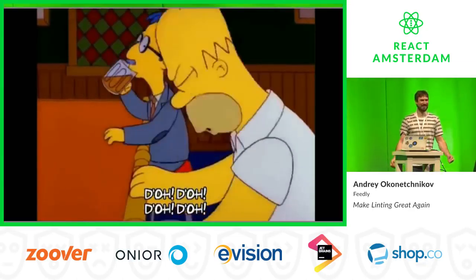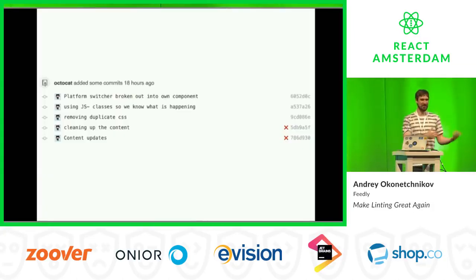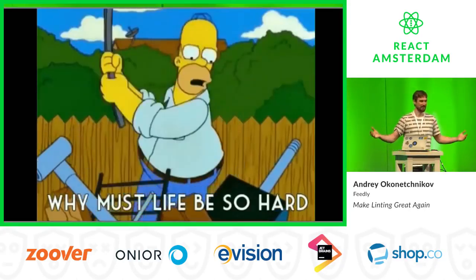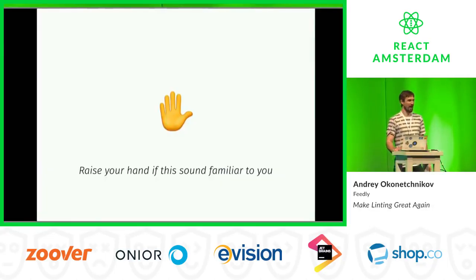At this point, you're like, oh my God, why? So you go back to your IDE, you fix a semicolon, you push your code again, and it's green. Cool, but still, it's hard, right? Raise your hand: how many people have been in this situation? Yeah, it's almost everyone.